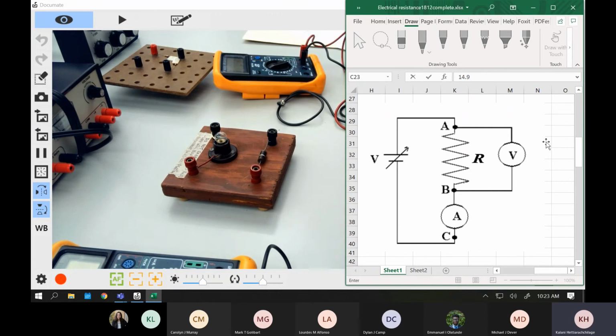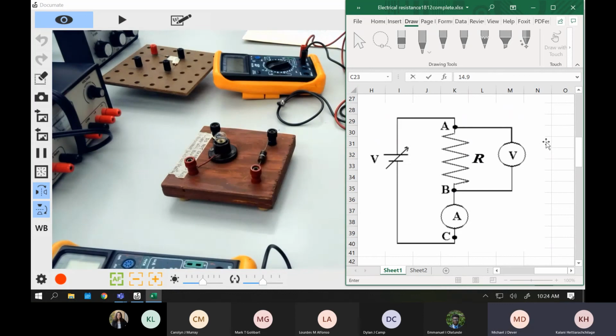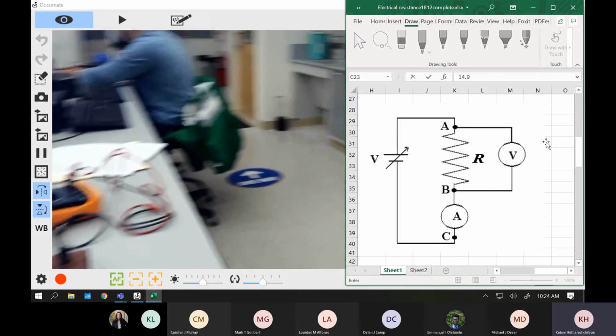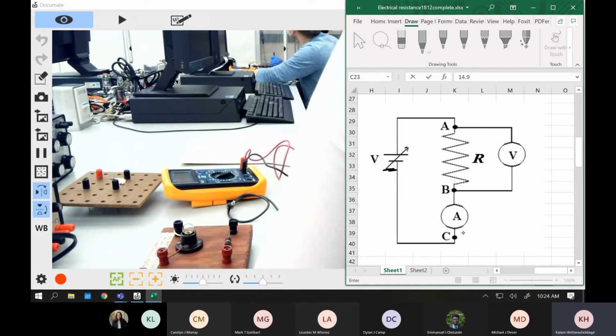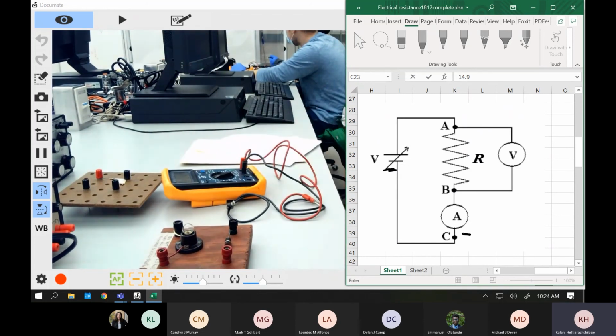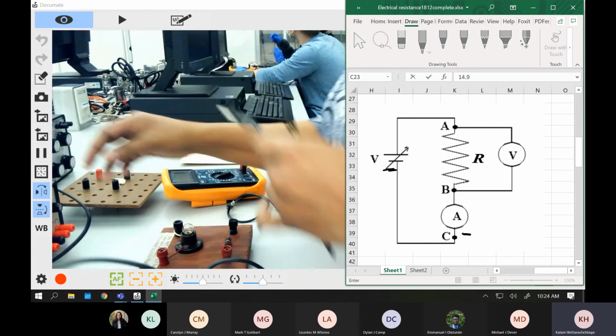So now you guys can see that your power supply has the negative terminal. That negative terminal should be connected to your ammeter's negative terminal, right? So what that means is you take the COM of the ammeter and you're going to connect that to the power supply.